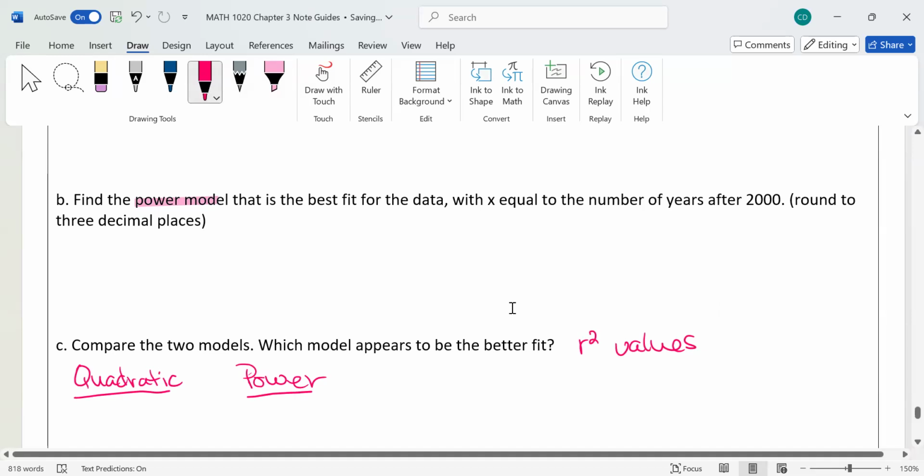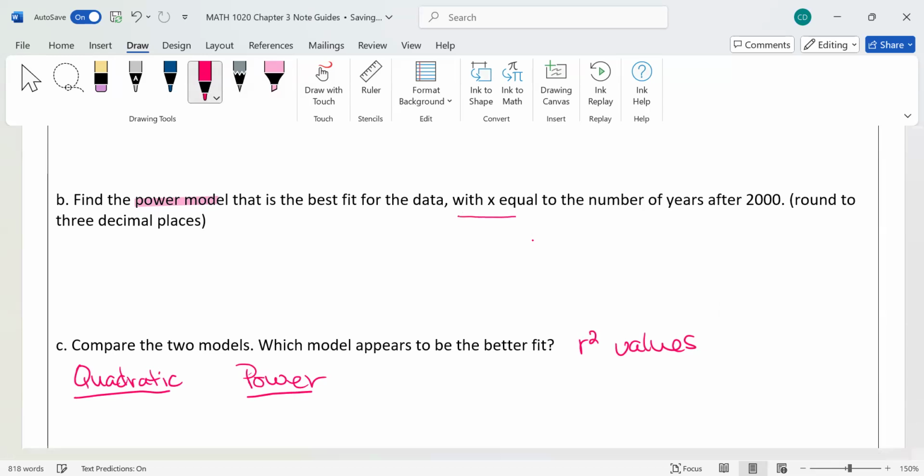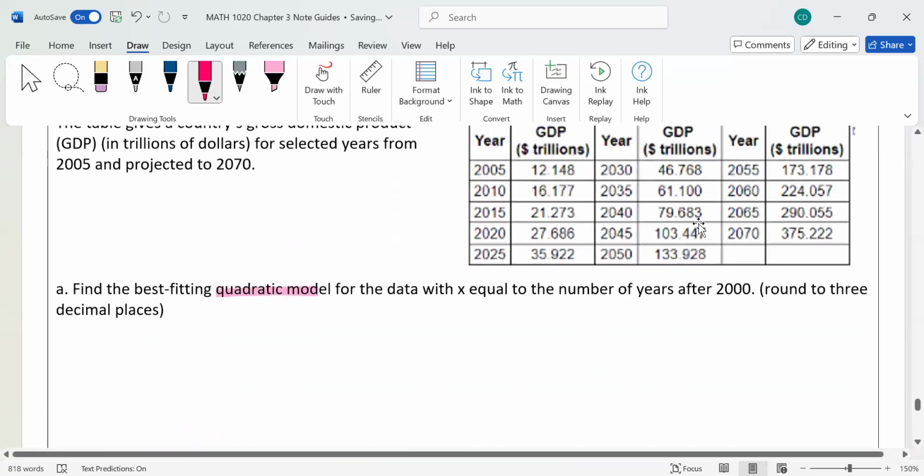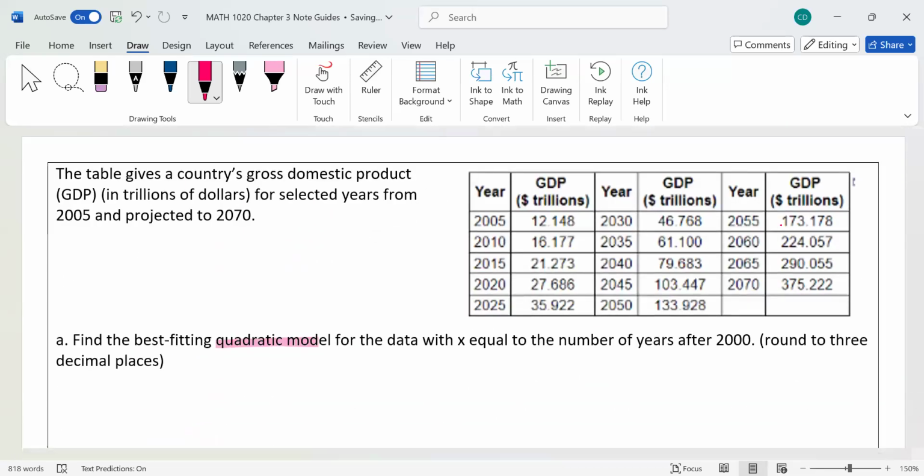Now on both of these, part A and B says X is equal to the number of years after 2000. So we don't use the actual year itself. So for 2005, how many years after 2000 is that? 5, 10, 15, and so forth.